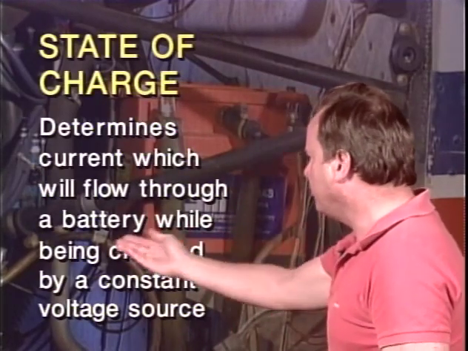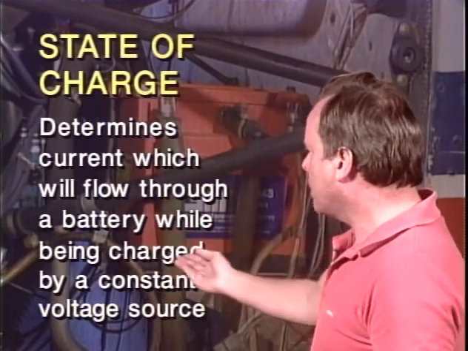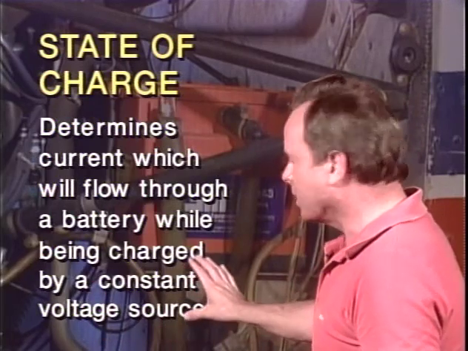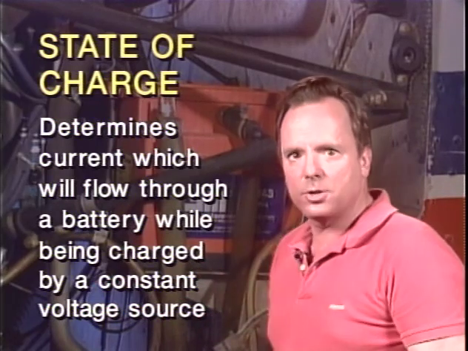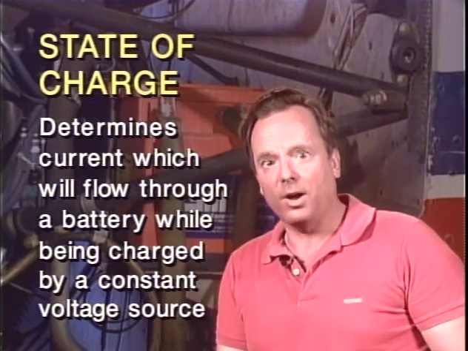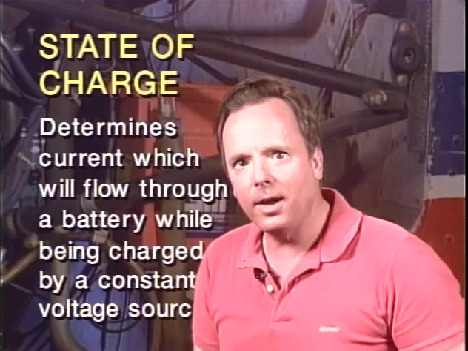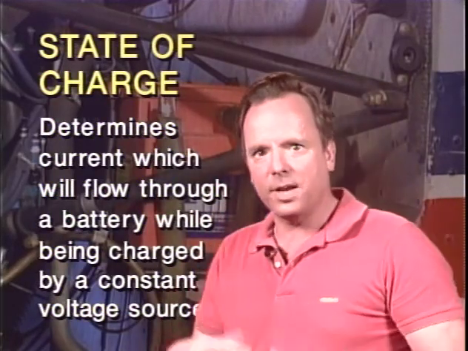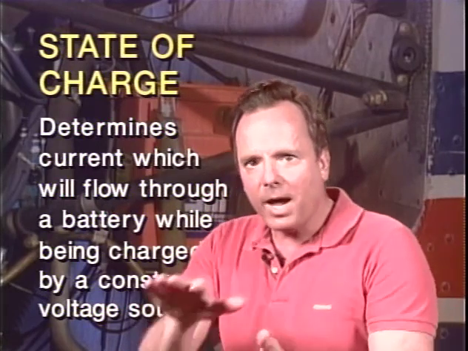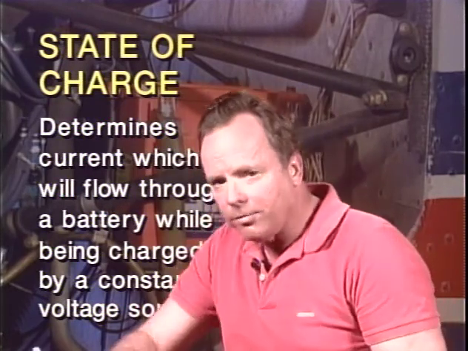Now, the state of charge determines the current that will flow through a battery while it's being charged by a constant voltage source. Now, let me explain that just a little bit. A constant voltage source is like a charger or a generator or an alternator in the aircraft. The generator or alternator puts out a constant voltage, we'll say 14 volts, and when the battery is extremely low, a lot of current flows into the battery.